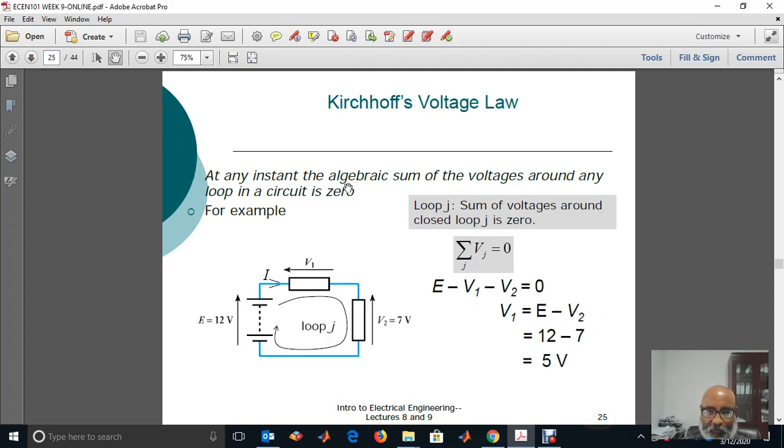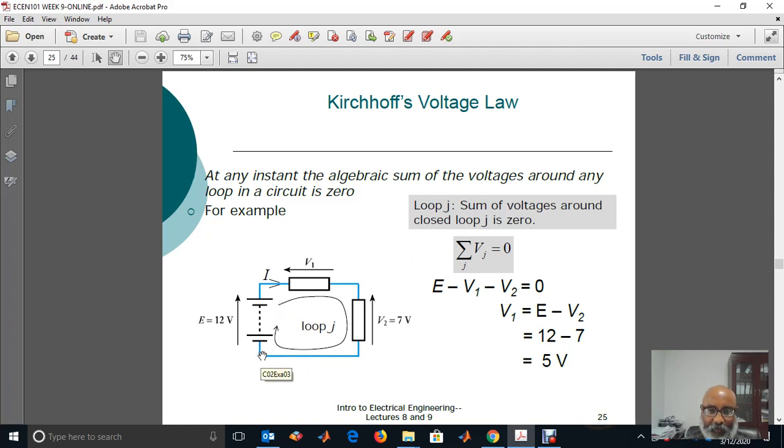Kirchhoff's voltage law. Kirchhoff's voltage law says the algebraic sum of the total voltage in a closed loop is equal to 0. Here again, when we do the summation, we need to consider the signs.